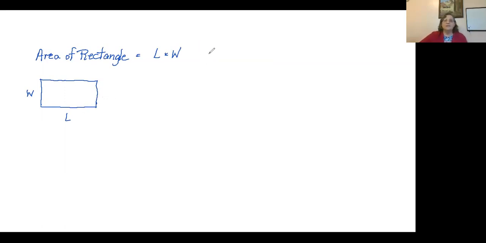Now the area of a square, because the length and the width are exactly the same, you could call it the length squared or the width squared, or sometimes they call it the side squared. Whatever you call it, it's that length squared.